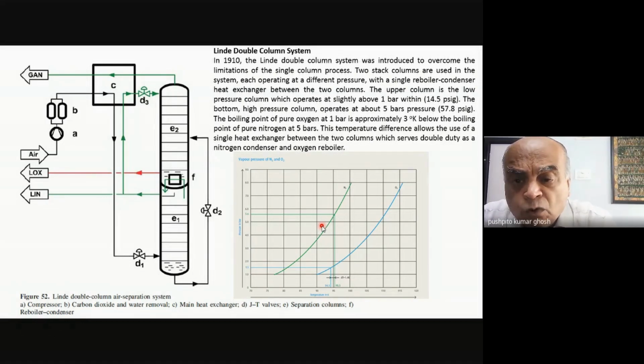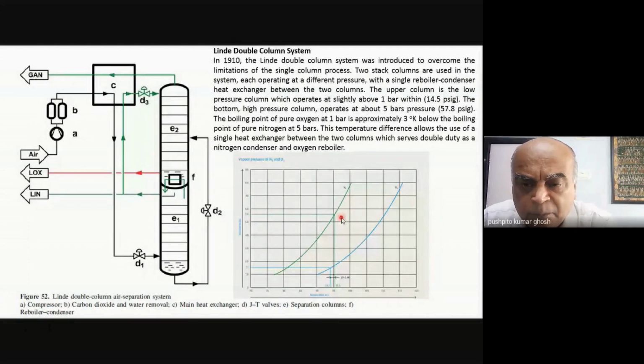But you could have an interesting situation where, suppose I take nitrogen at a higher pressure, so much so that the boiling point of nitrogen at that pressure is higher than the boiling point of oxygen at, let's say, 1 bar pressure. Now that's very interesting, because the nitrogen can actually transfer its heat to oxygen in liquid form. Okay? Because the boiling point of nitrogen is higher. Suppose I've kept it at a higher pressure.